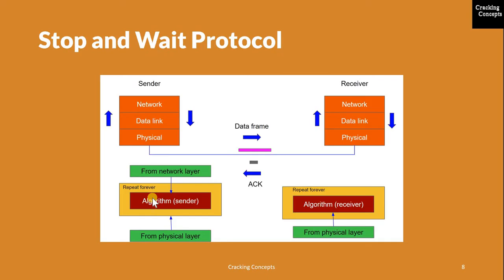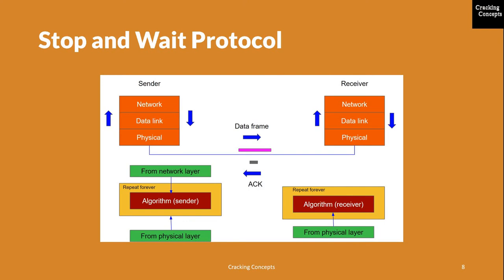Here in stop and wait, the sender algorithm will be controlled both by the network layer and the physical layer, because there is a case of sending the data frame and also receiving the acknowledgement, whereas in case of the receiver, only an acknowledgement is sent out to the sender. This is also a very simple algorithm.